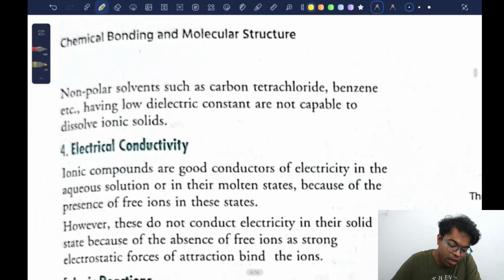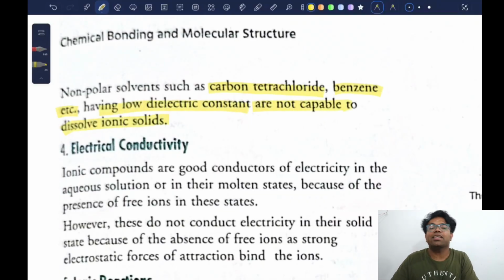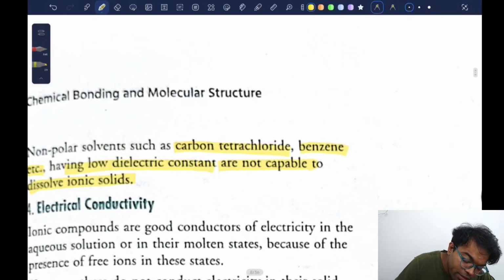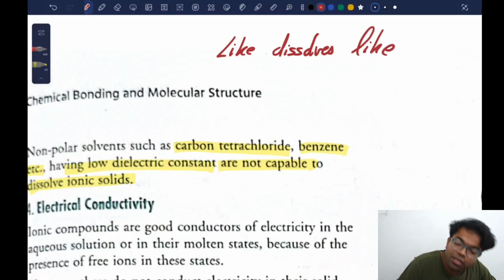Next, non-polar solvents such as carbon tetrachloride, benzene, etc. have low dielectric constants and are not able to dissolve ionic compounds. Okay, so there is a popular saying: like dissolves like. What does it mean? A polar solvent is able to dissolve a polar molecule.